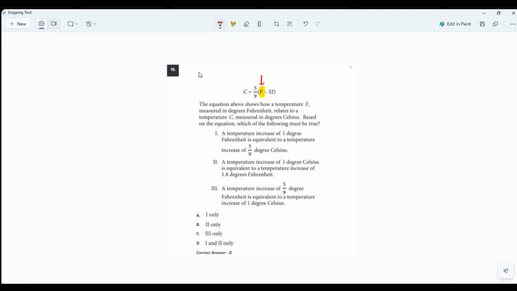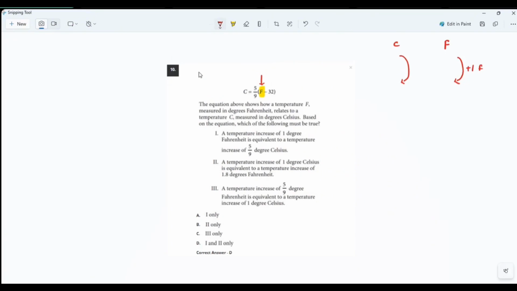Let's check. He's asking, if I increase by 1 degree Fahrenheit, how much Celsius would it be?